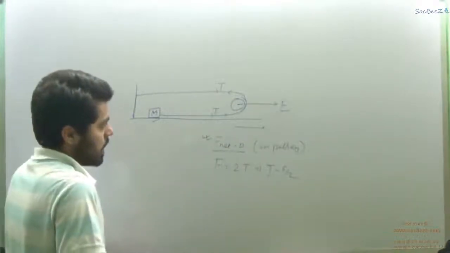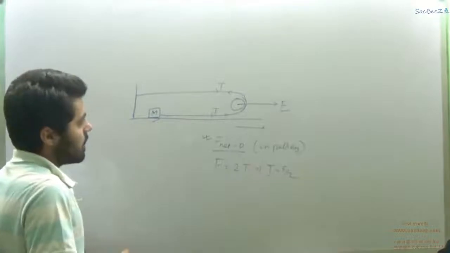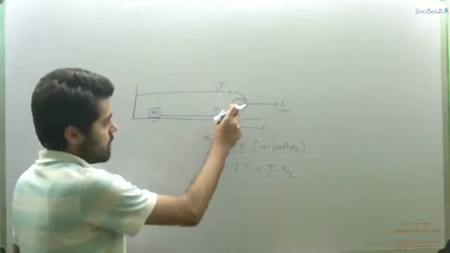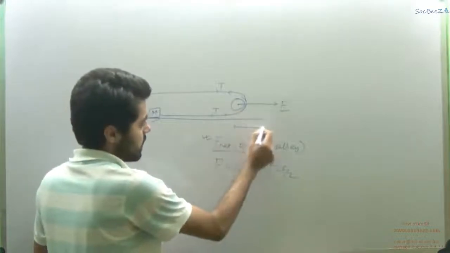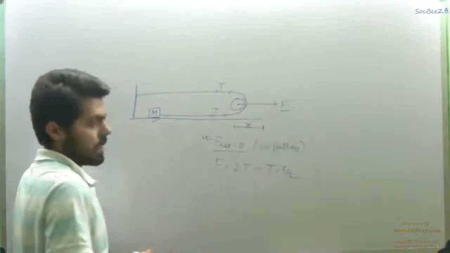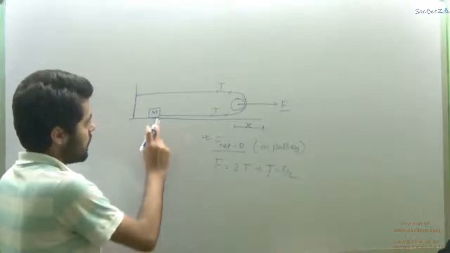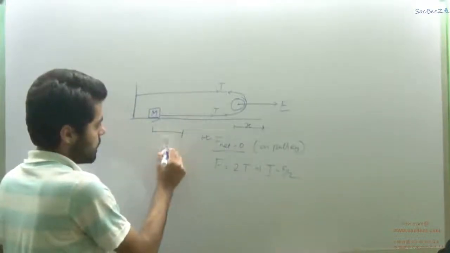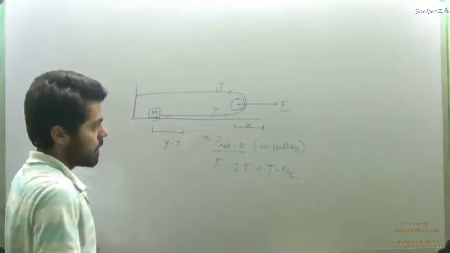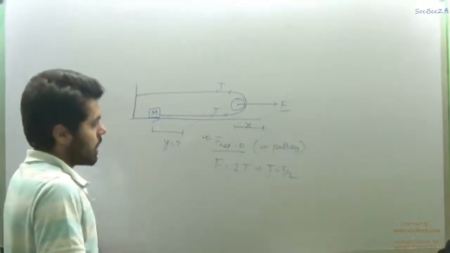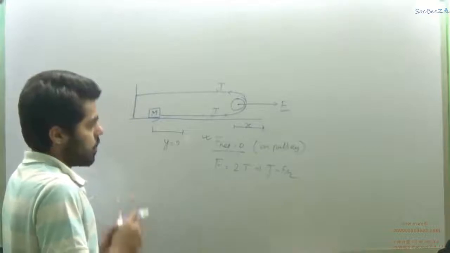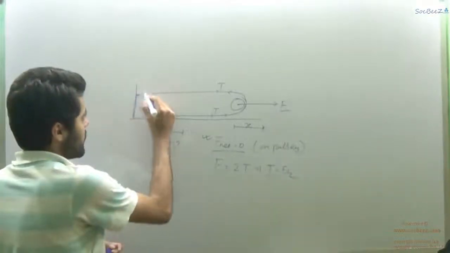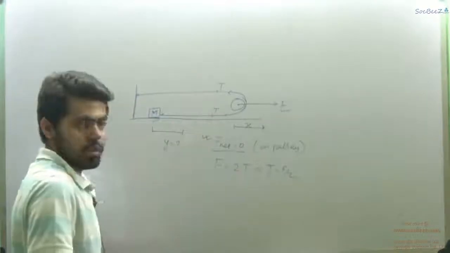Now, the main tricky part of this question is that suppose this pulley is being pulled to a distance x. Then what will be the displacement of this block, say y? Now, to solve this, the fact which we have to consider is that the length of the string is always constant.